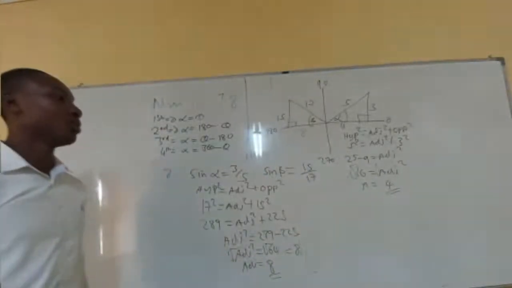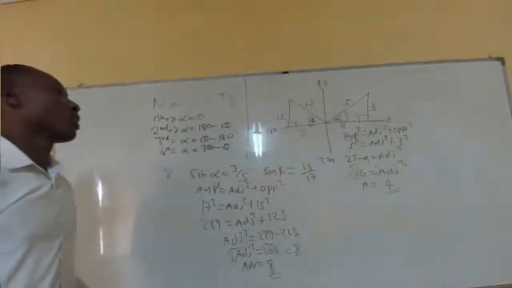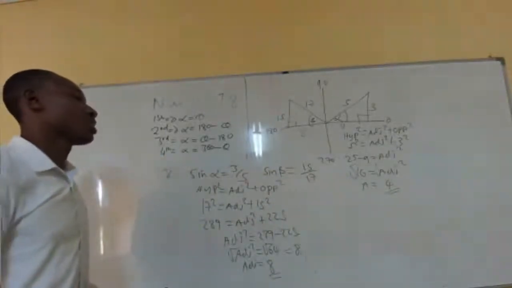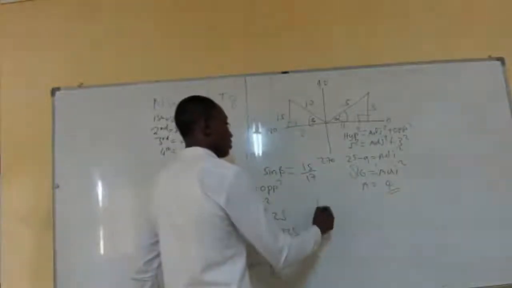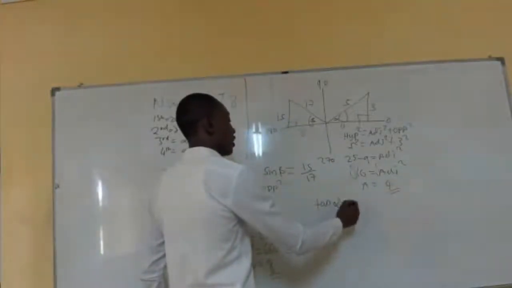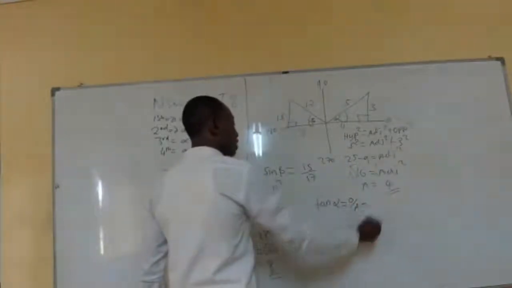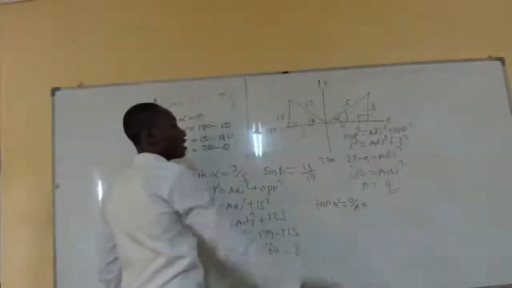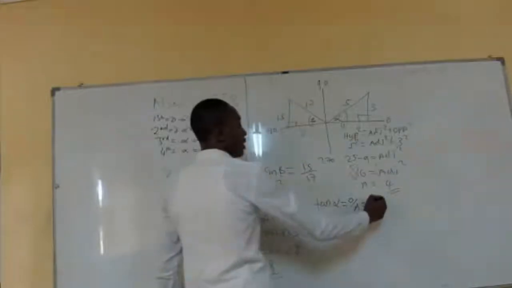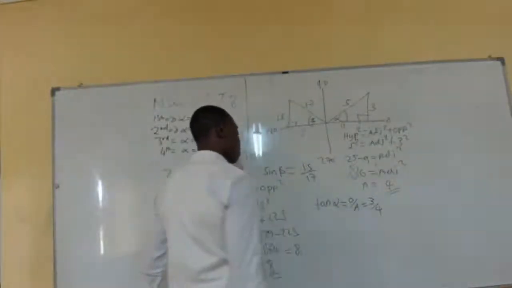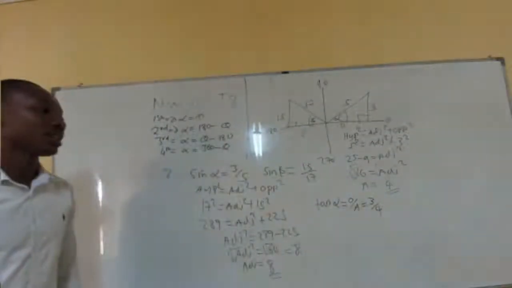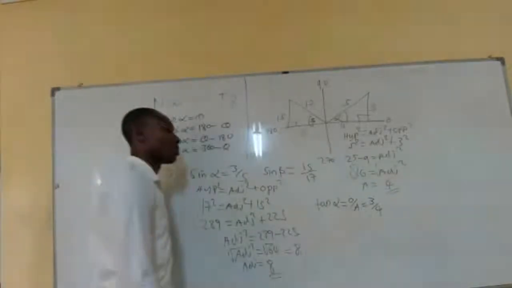Now, what is tan alpha? It's opposite over adjacent. In this quadrant the opposite is 3 and the adjacent is 4, so tan alpha is 3 over 4.